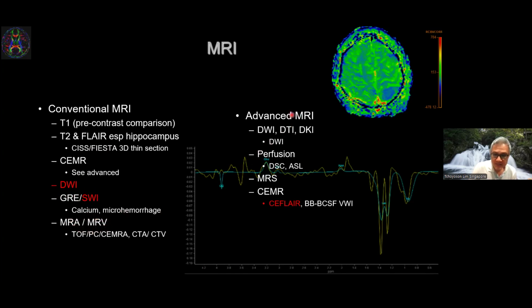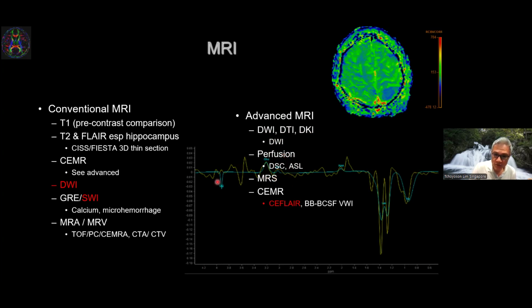In terms of advanced MR, diffusion is no longer considered advanced, but a standard pulse sequence. Diffusion tensor and kurtosis are not very often used. Perfusion, particularly dynamic susceptibility contrast enhanced perfusion MRI, less so ASL, may be helpful when there is ambiguity between infectious causes of brain lesions versus non-infectious, such as brain tumors.